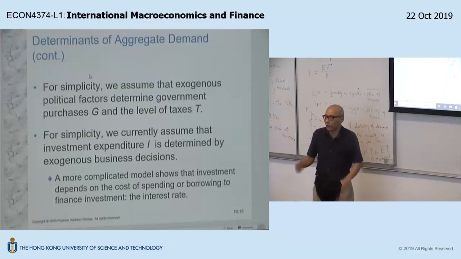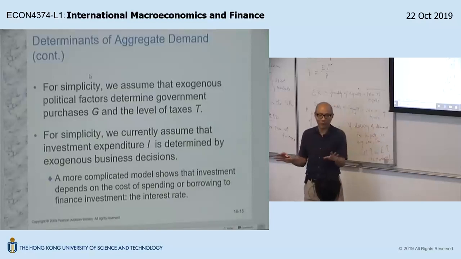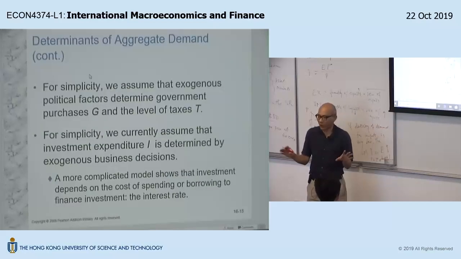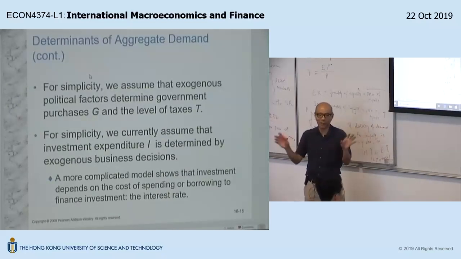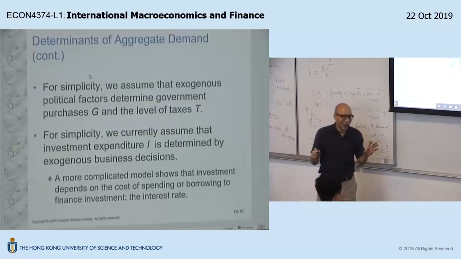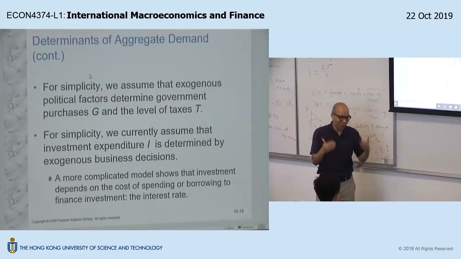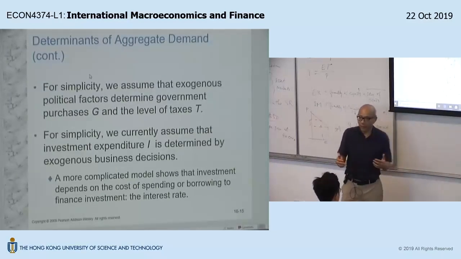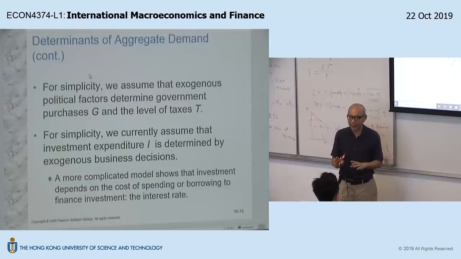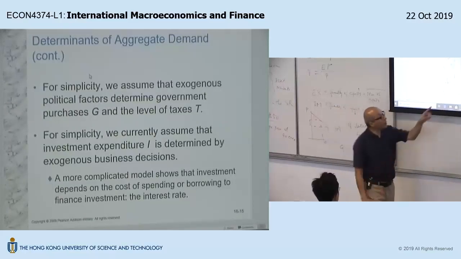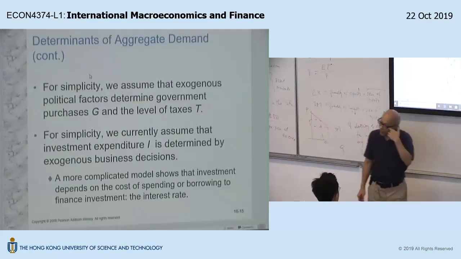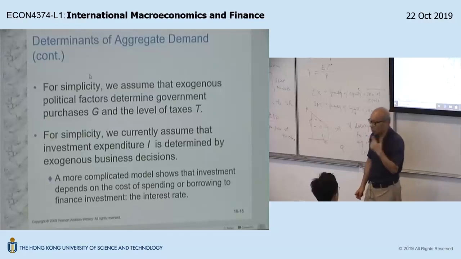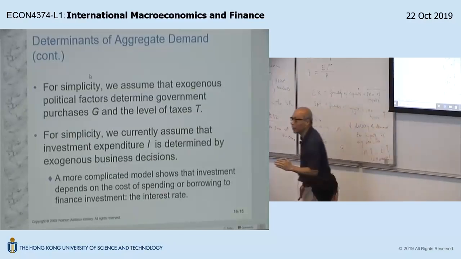If the interest rate is low, then more investment. But in our course, we just assume that investment is exogenous, so there's no theory about how it is determined. We just want to make this model simple enough. So the simplification is that G and I are exogenous, and even T, the tax, is also exogenous.